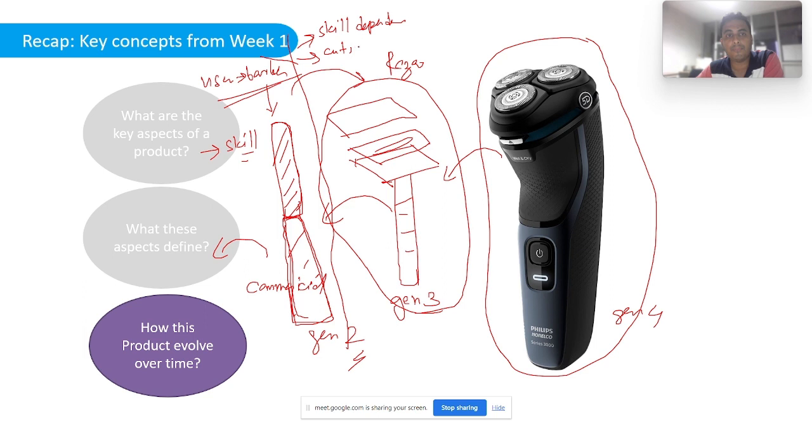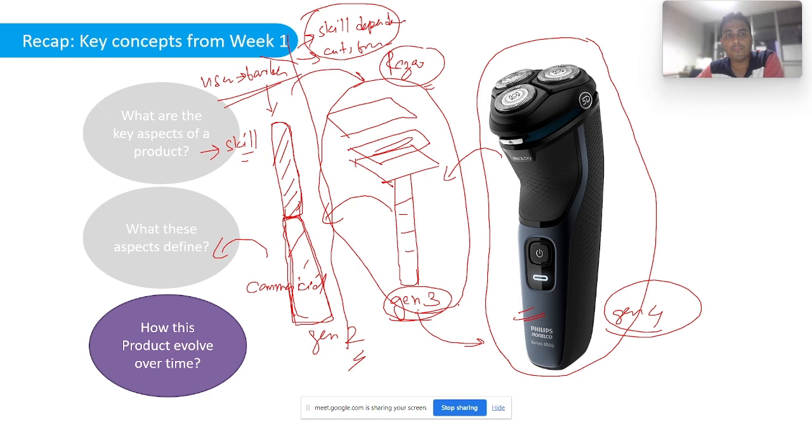These are some of the problems that this product tries to solve, and that's why we have a new generation product. Now what do you think this generation 4 product is solving with respect to generation 3?